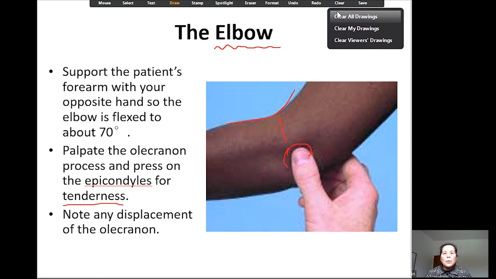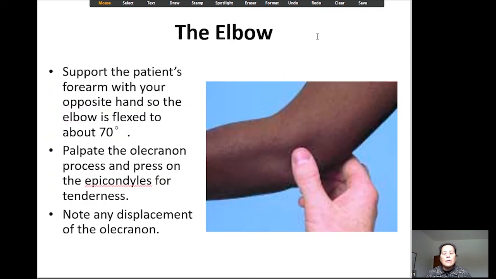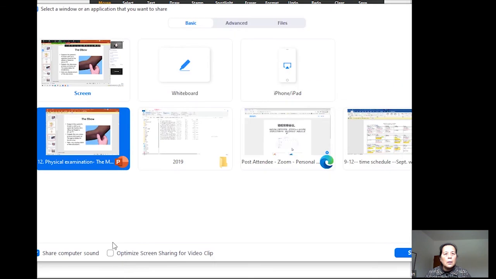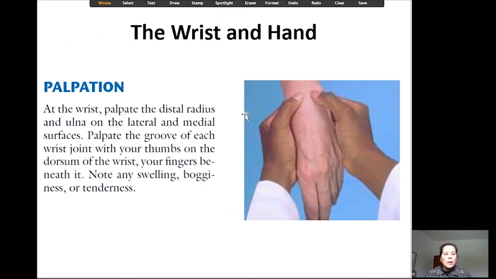So the elbow joint is a little bit simple compared with the shoulder joint because the elbow joint doesn't have too big a movement in there.